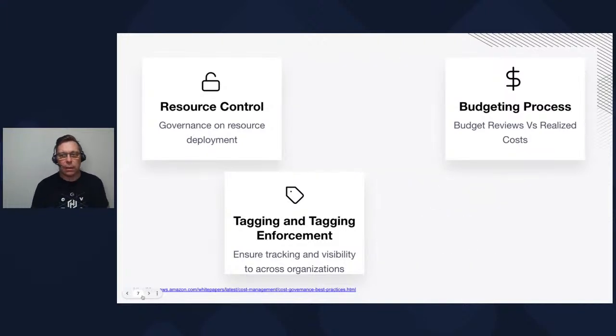How do we do that? Well, we think about how we can tie those resource controls and the enforced tagging back to your budget process and controls. Without a clear understanding of what the budget needs to do, it becomes really hard to be able to save and allocate costs.